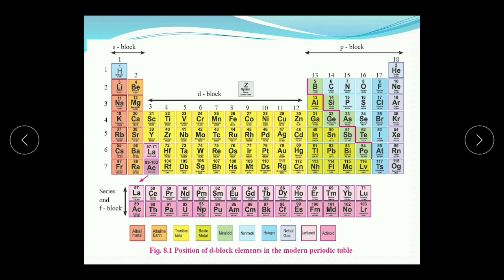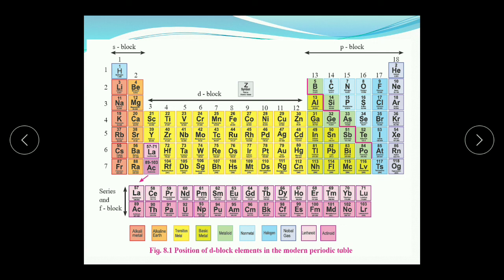When we see why an element is located in a particular group or a particular block, we came to know that the important base of this arrangement of elements is electronic configuration. So the arrangement is based on electronic configuration, and electronic configuration is based on atomic number, that is the number of protons, and the number of electrons is the same as protons.